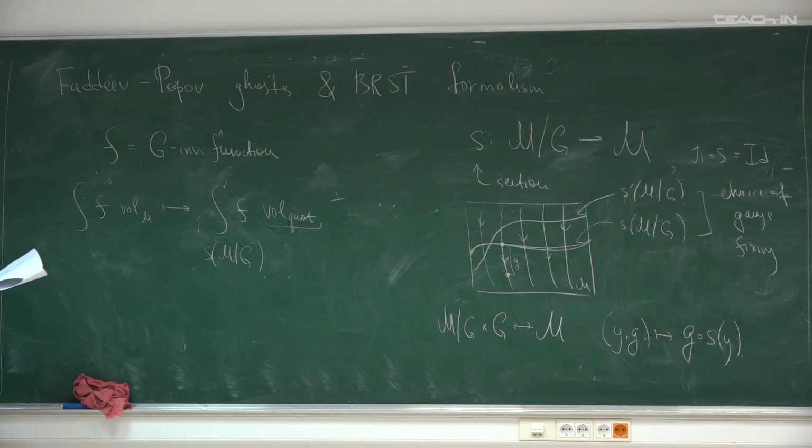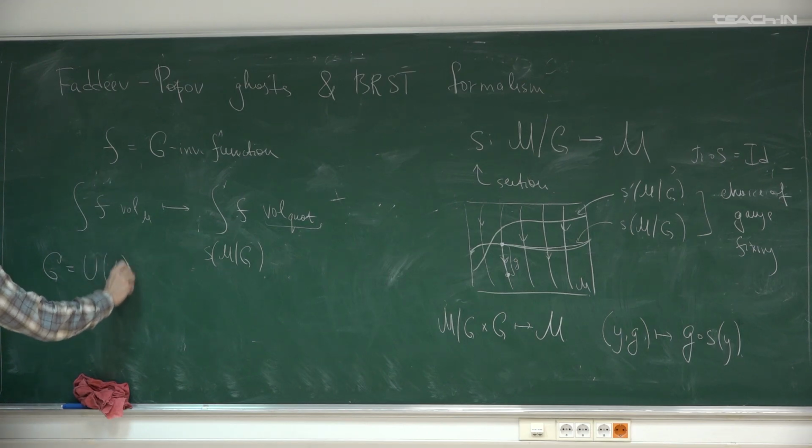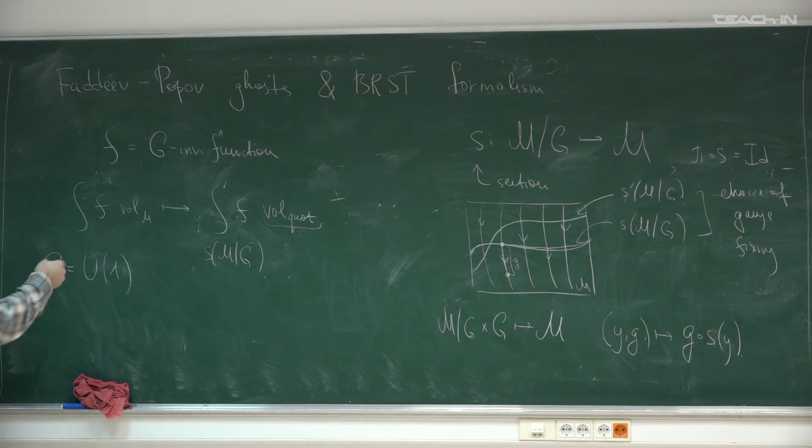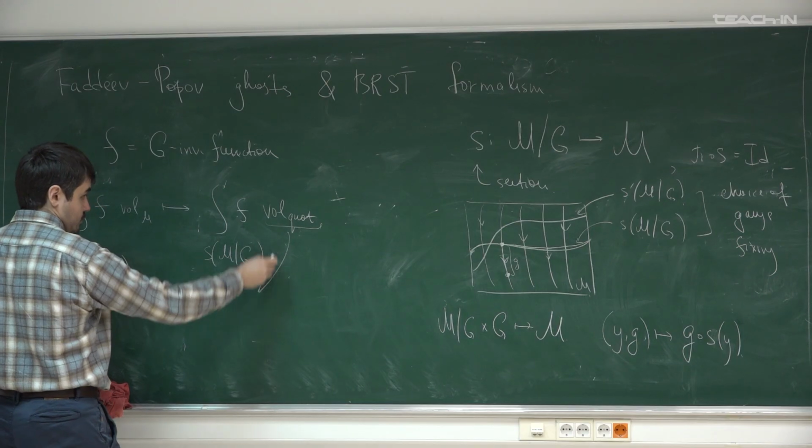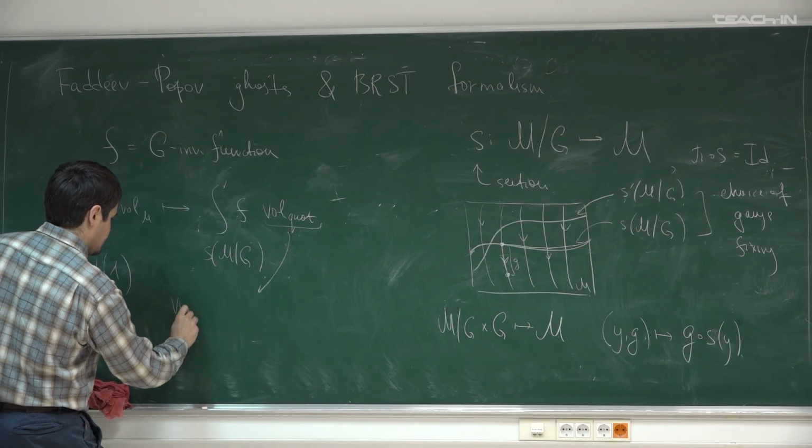So in principle, let us simplify the situation and consider the case when G is just U(1), so a one-dimensional group. Everything is generalizable to other groups. In that case, the volume form on the quotient is easy to write.